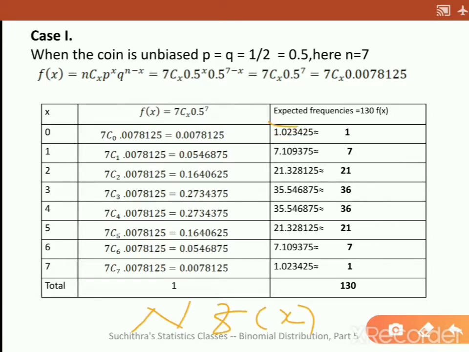These are the calculated values of expected frequencies, and we know that frequencies are whole numbers. We will adjust these numbers in such a way that the total is 130. Then we get the frequencies as 1, 7, 21, 36, 36, 21, 7 and 1.